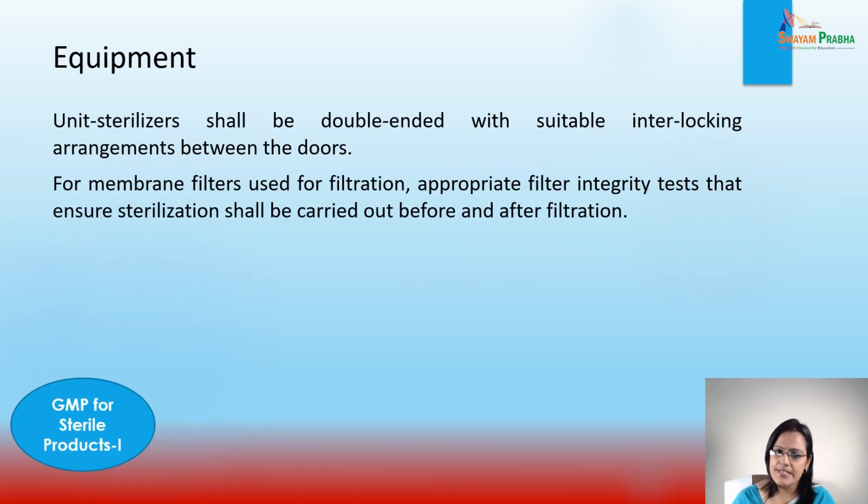A unit sterilizer shall be double-ended with suitable interlocking arrangements between the doors. The effectiveness of the sanitization process shall be established initially by biological inactivation studies using microbial spore indicators, and then at least once a year by carrying out thermal mapping of these chambers.